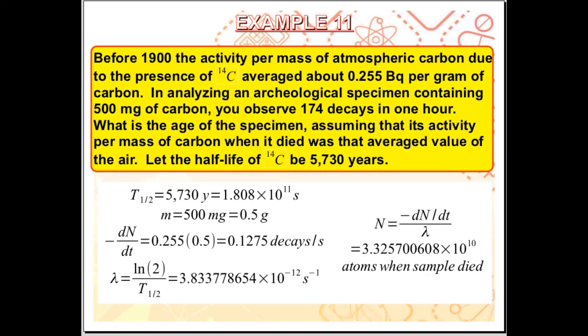N is just equal to the activity divided by the decay constant. Knowing the activity when the sample died and knowing the decay constant, we are able to calculate the number of atoms when the sample died: 3.325700608 times 10 to the 10 power atoms.